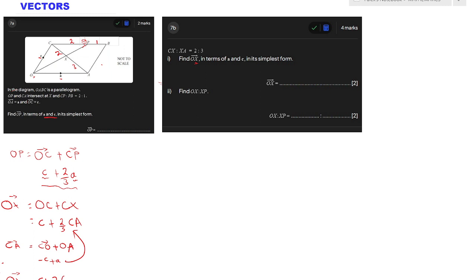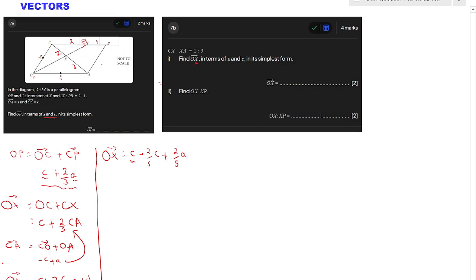Now, CA, we've seen, is negative C plus A. Now, we can solve this by opening the bracket, and we can say that OX is vector C, and this C is a vector. Now, 2/5 times negative C is minus 2/5 C, plus 2/5 A.